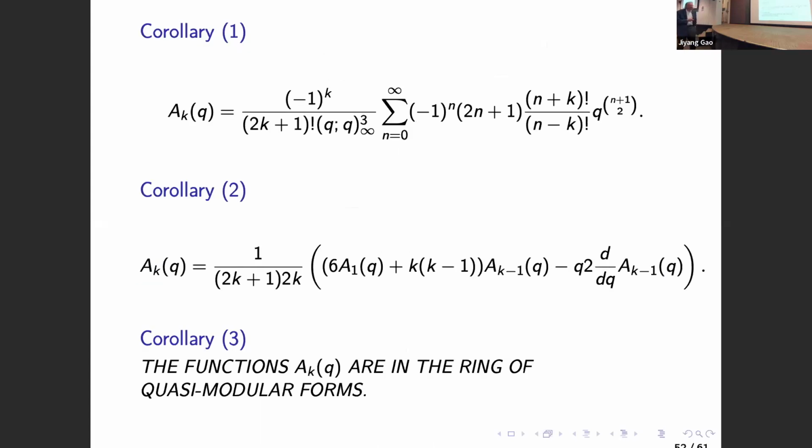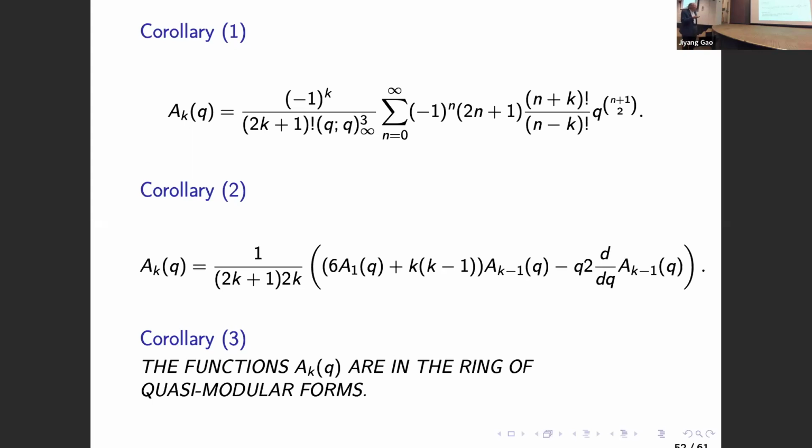And a corollary is, once you have this formula, you use the standard expressions for Chebyshev polynomials to deduce precisely a generating function that looks now very much like a derivative of a classical theta function. And indeed, that effectively is what it turns out to be. And you find a recursion relation for the A_Ks in terms of previous A's and derivatives of previous A's.